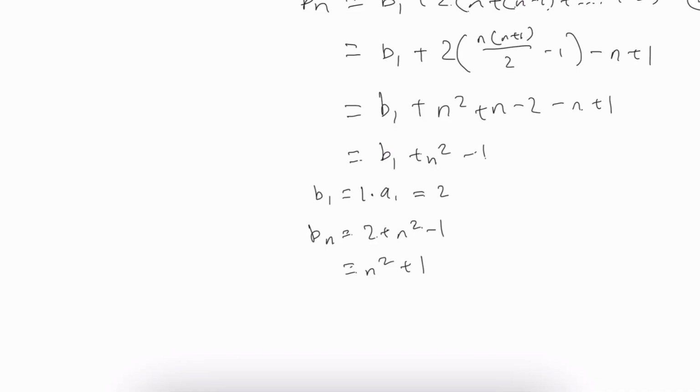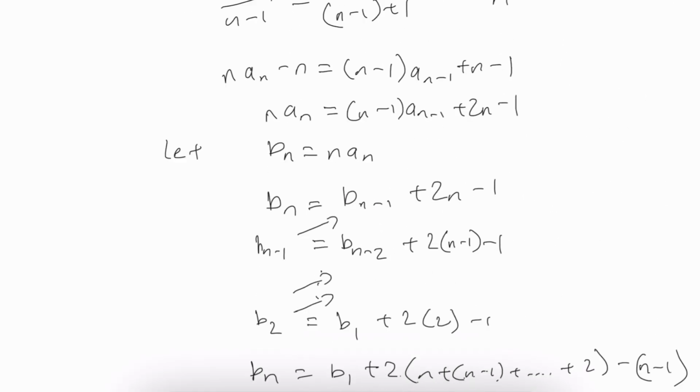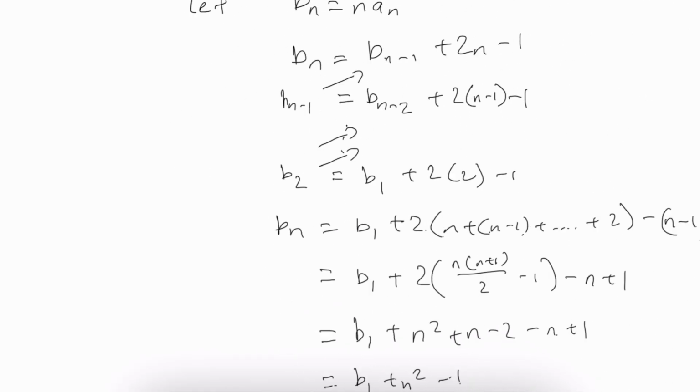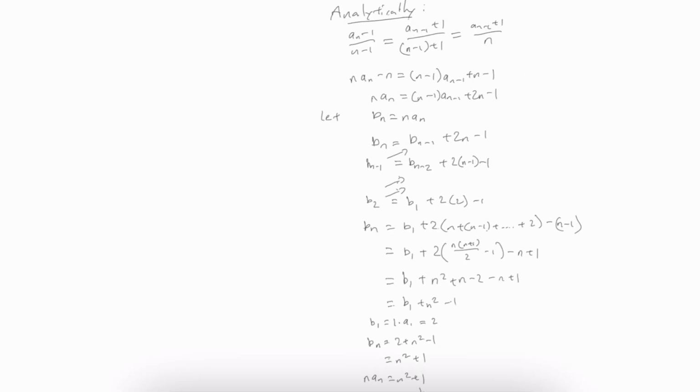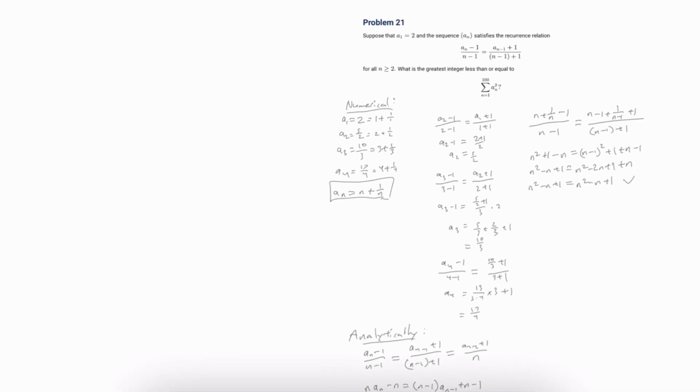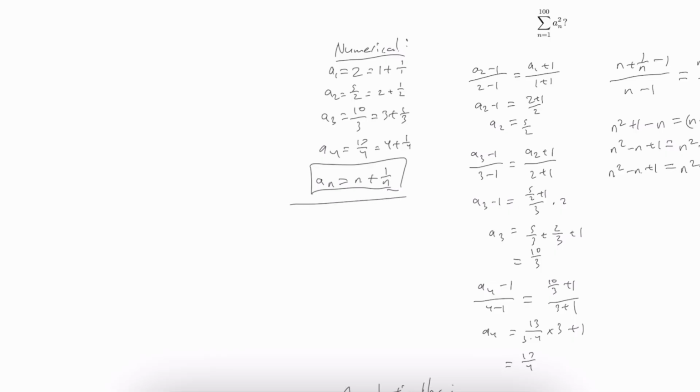And now we can substitute again our definition for b sub n in terms of a sub n to solve for a sub n explicitly. So a sub n is equal to the square root of n squared plus 1 over n, which matches our numerical solution.